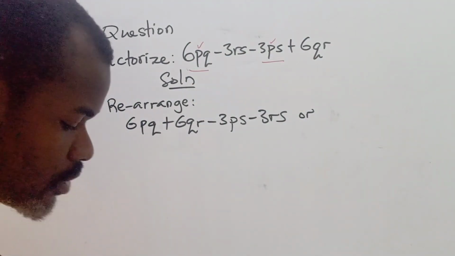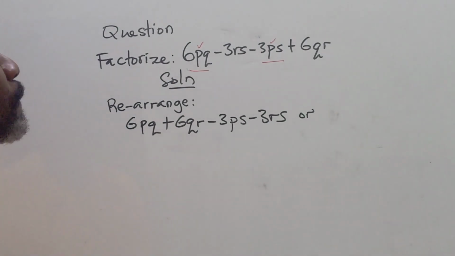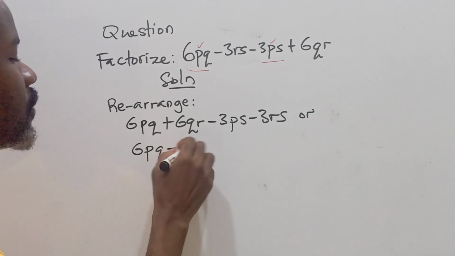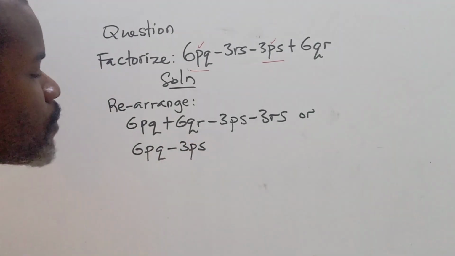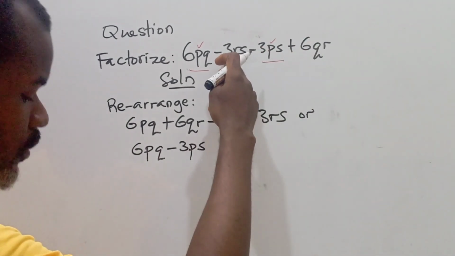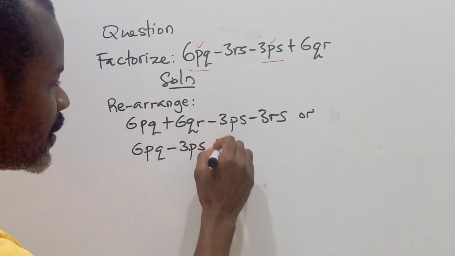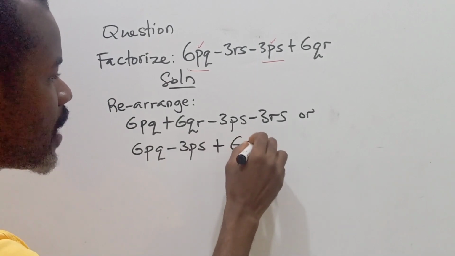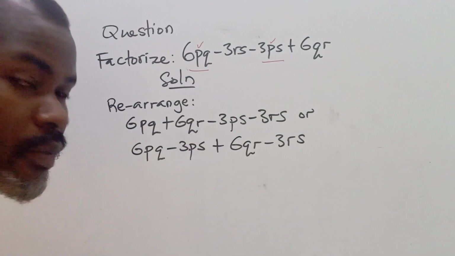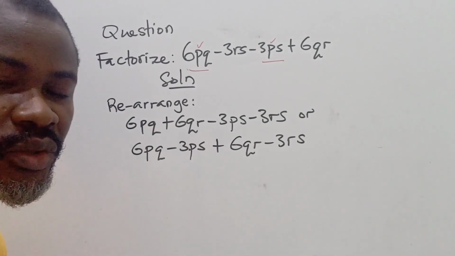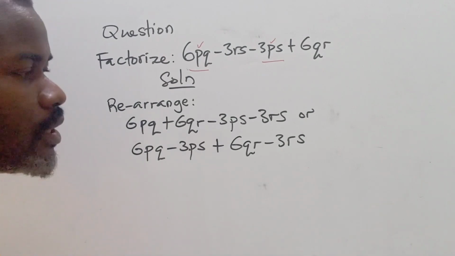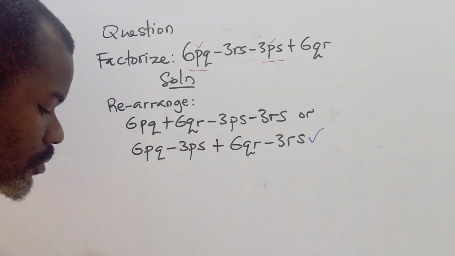So since P is common, we can say 6PQ minus 3PS, and we have this and this left, so plus 6QR minus 3RS. So the first thing is we have rearranged. You can solve with either of the two and arrive at your answer, but for this question, let's use this one to solve.